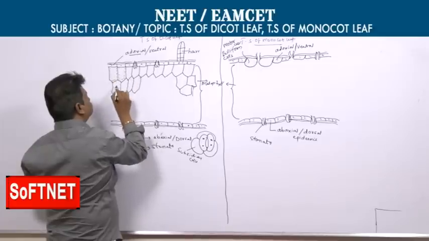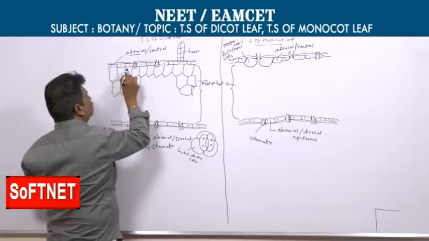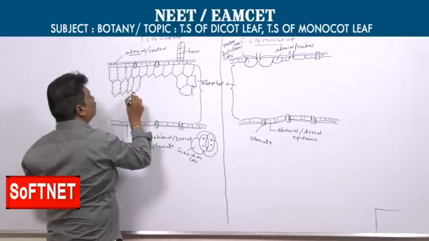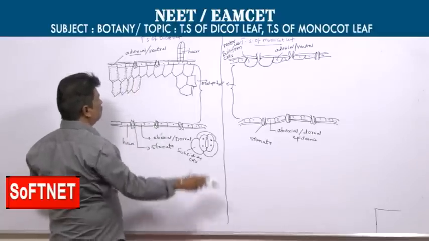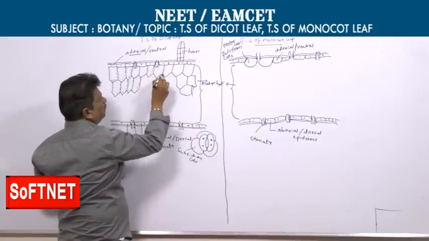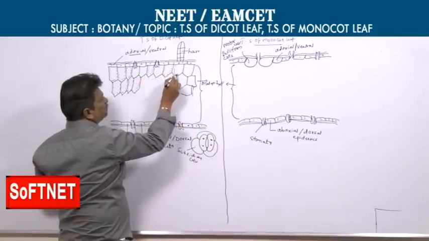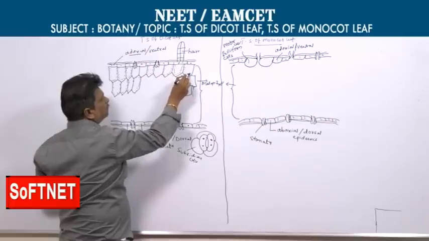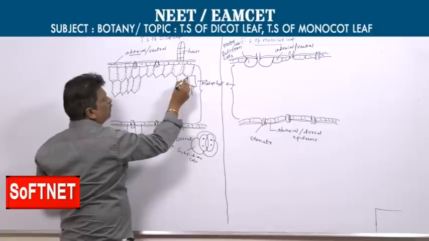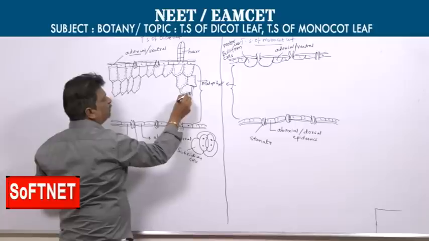Palisade cells are columnar or cylindrical, closely arranged, either without or with narrow intercellular spaces. This palisade contains more chloroplasts.